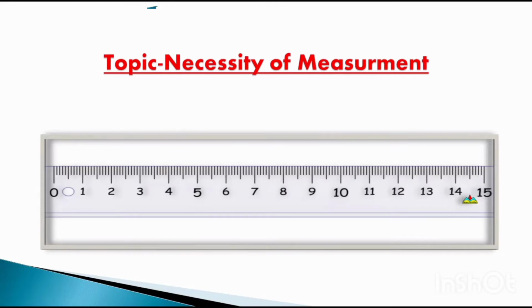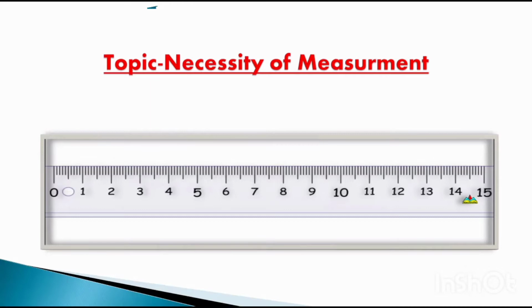Well, if you ask anybody why you actually need measurement, in general, if a teacher gives anything to draw in the copy, and the copy size and the image you want to draw are not relevant, you cannot draw it.